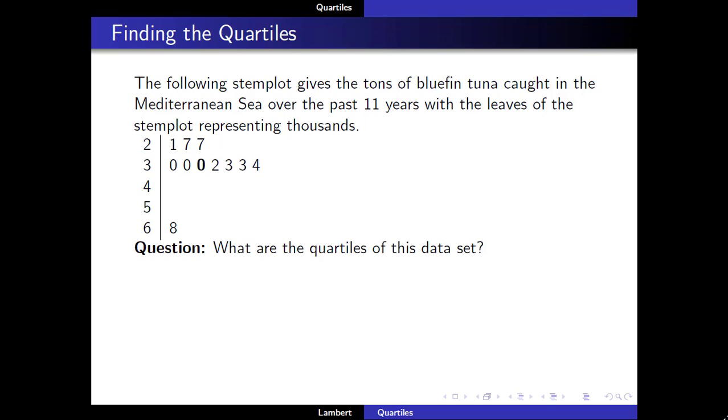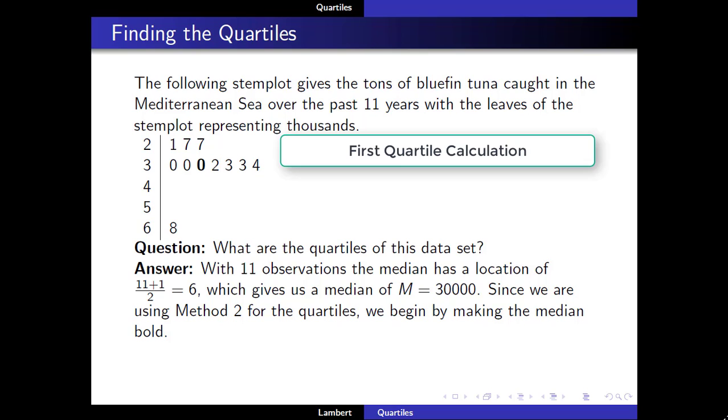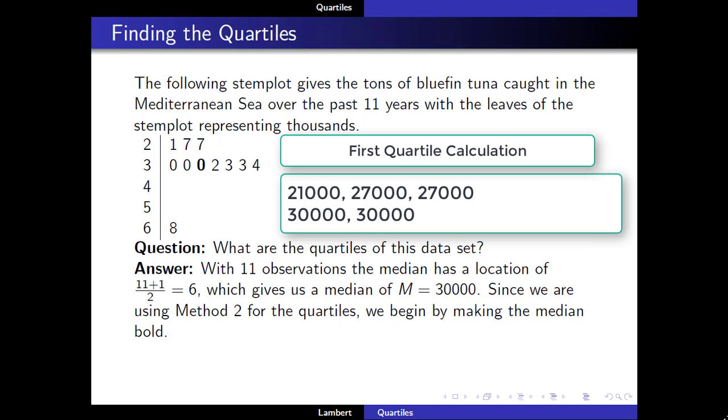When you take a look, you see this highlight mark right here in bold. That 30,000 is representing the median. We can calculate the median's location since there are 11 data values: 11 plus 1 divided by 2 is 6, and so the median is 30,000. Now we want to look at the values to the left and to the right. There are 5 values to the left, and 5 values to the right as well.